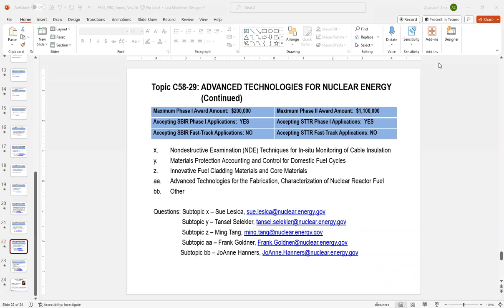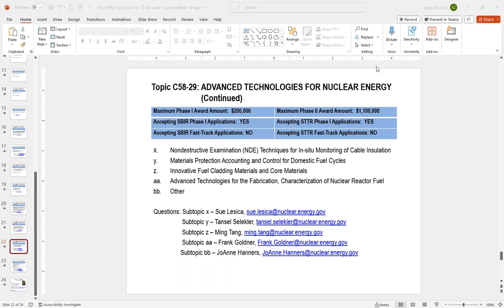We are looking for new and novel MC&A, materials control and accounting technologies, methods, tools to increase the accuracy, reliability, and efficiency of nuclear materials quantification, nuclear material tracking capability in nuclear fuel cycle facilities, and processes and process monitoring tools.